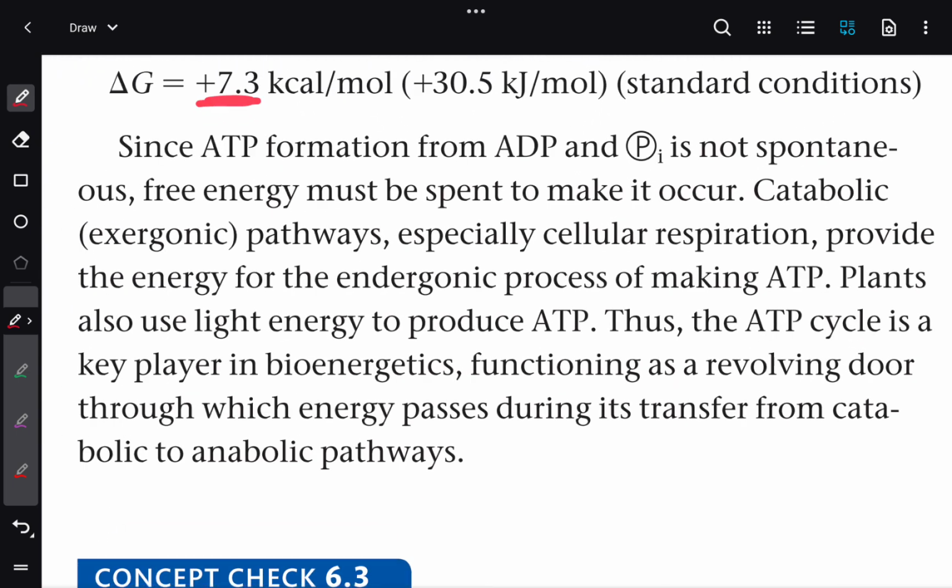Now, since ATP formation is not spontaneous, free energy must be spent to make it occur. Catabolic pathways, especially cellular respiration, which we're going to study later on, provide the energy for the endergonic process of making ATP.